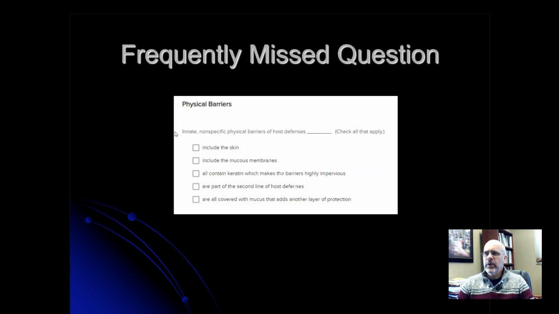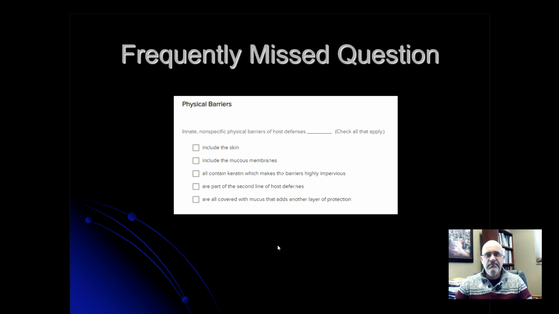Okay, this was a frequently missed question from the homework, and again, there were some questions that were missed that involved categorizing things that are features of the defenses. So let's see, this is one of those check all that apply type questions. Innate, non-specific physical barriers of host defenses. And again, with these, go down the list.